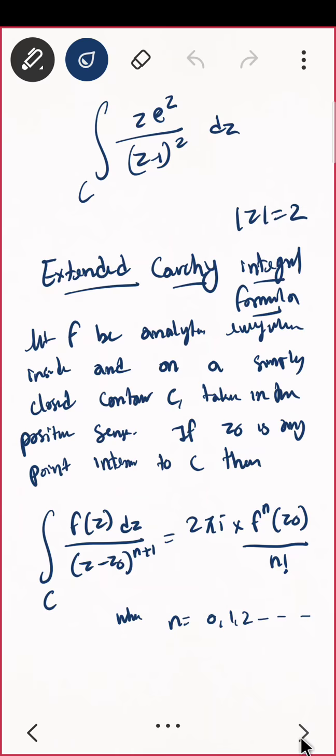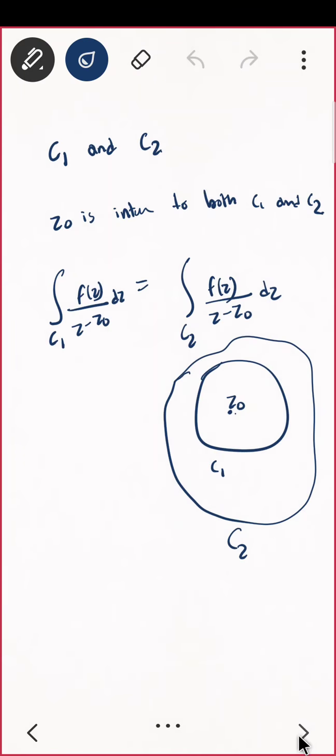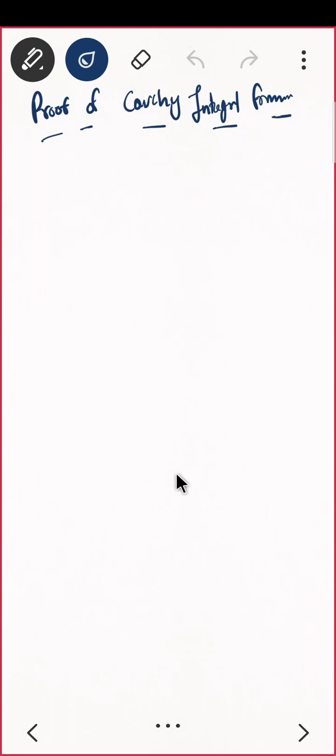This is the statement, correct? I'm not going to prove extended Cauchy. I'm just telling you Cauchy integral, and I'll give you a hint how you will prove the extended Cauchy integral.